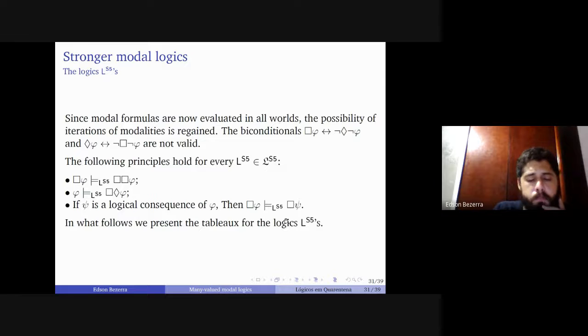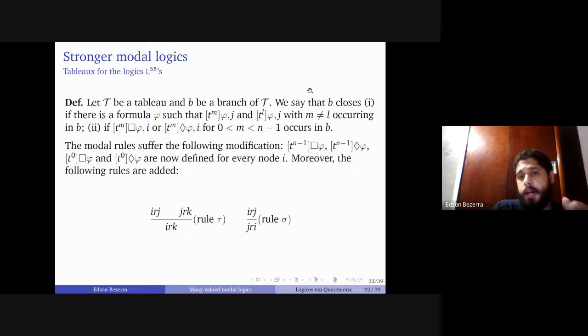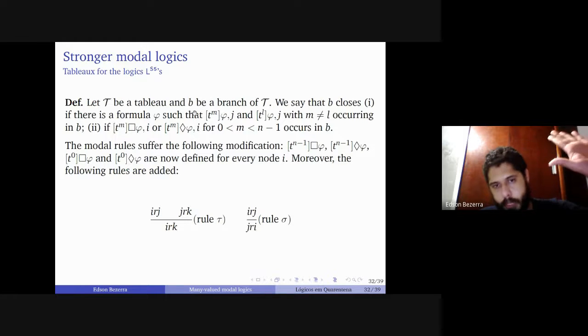The tableaux for these logics are defined similarly to the previous case, but here the notion of closure is more general. We do not need to be concerned only with the subset of normal worlds we presented before.